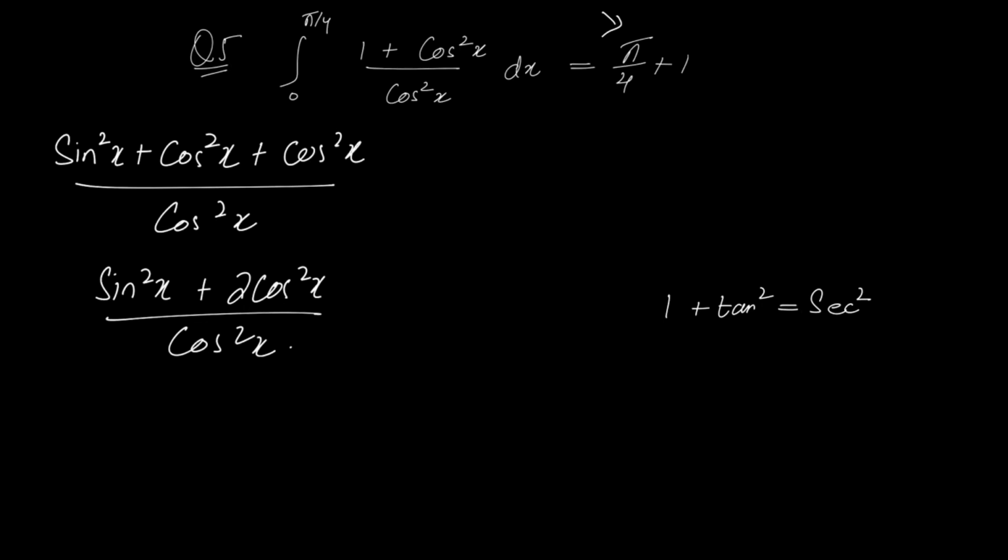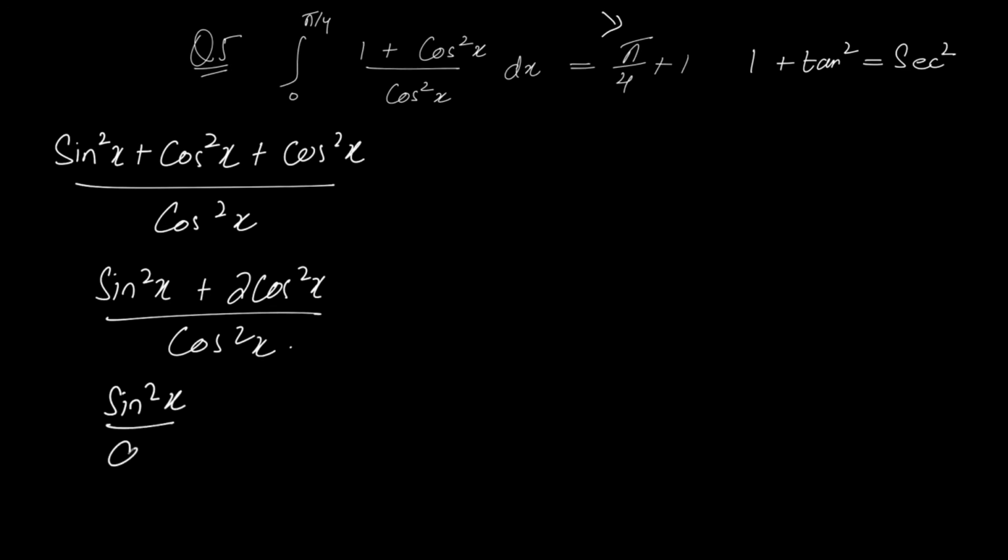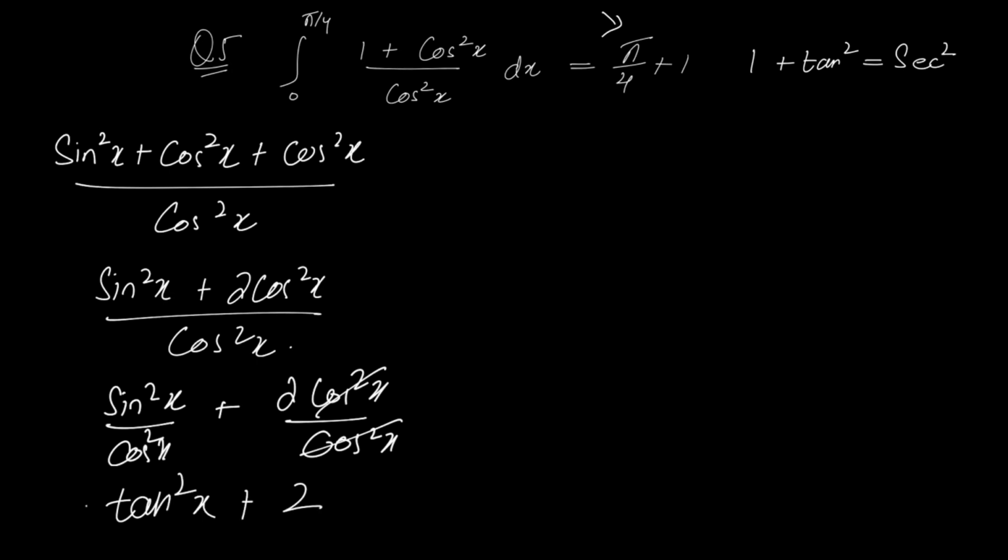Now if we break it up, this will give us sine square x upon cos square x plus 2 cos square x upon cos square x. So cos square x gets cancelled. Sine upon cos is tan, so sine square upon cos square will be tan square x plus 2, and we have to integrate this.